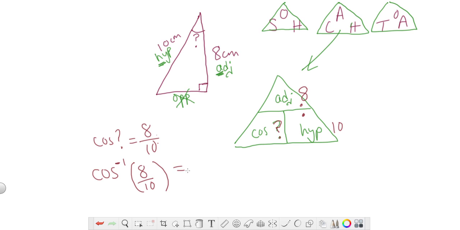Press the equal button. On my Casio calculator, I got shift cos, and inside the bracket I put 8 divided by 10. If I round my answer to one decimal place, I get 36.9 degrees. So the answer here is 36.9 degrees.